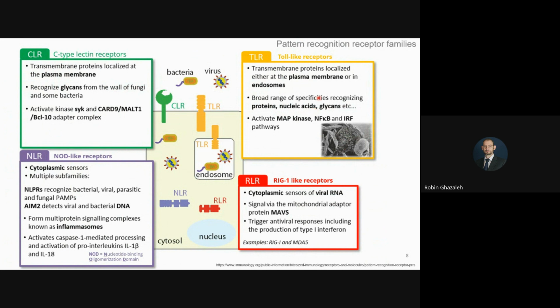And polysaccharides are extremely important targets for pathogen recognition receptors, because the bacterial cell wall is basically made up of peptides and sugars, oligosaccharides in a type of a cross-link.